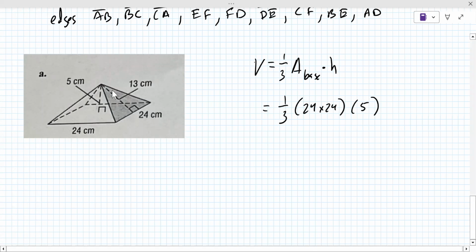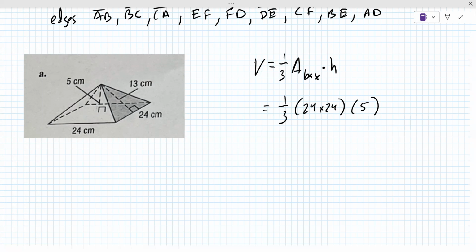That is another way to do it, but I don't know where that formula is coming from. 13 BH, slant height BH, that's an odd formula to use. I've not seen that in a long time. The one I'm giving you is the more standard one that you'll see, because the base is always a nice geometric shape, like a square, rectangle, or triangle.